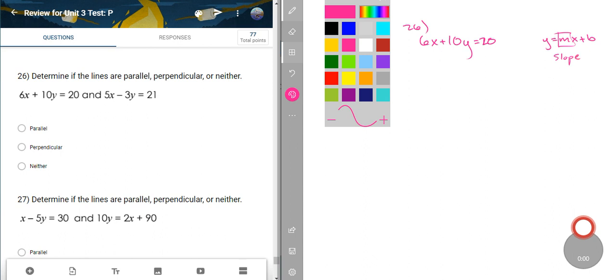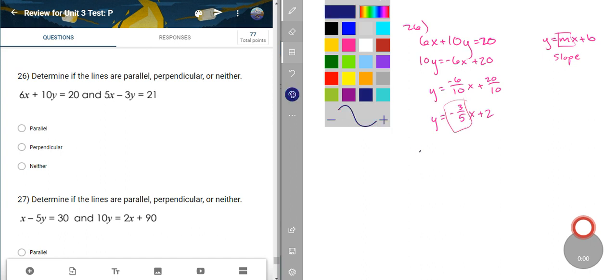So I'm going to subtract that 6x over. I'm going to divide by the 10. And if I simplify this, I get negative 3/5 x plus 2. Most important is that. Now I know the slope of that line.